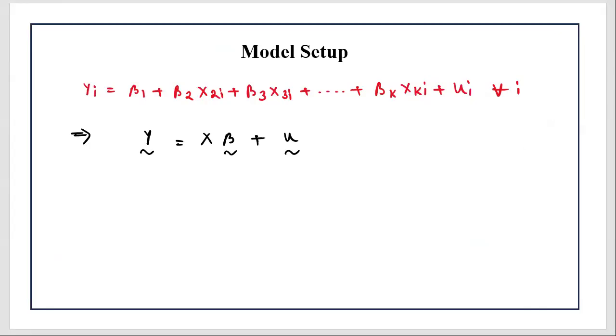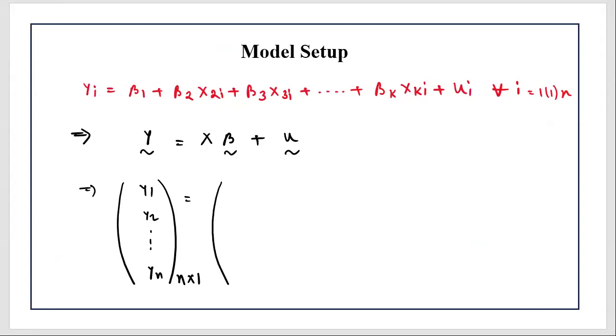Y is the vector for i from 1 to n, written as y1, y2, all the way up to yn, and the dimension is n cross 1. This was the outcome vector.